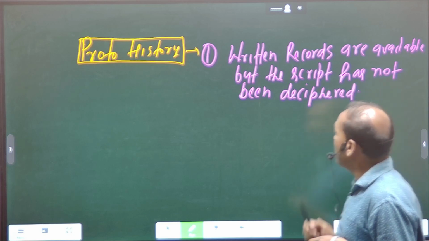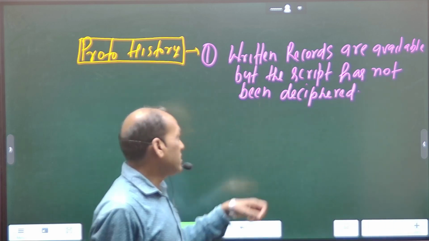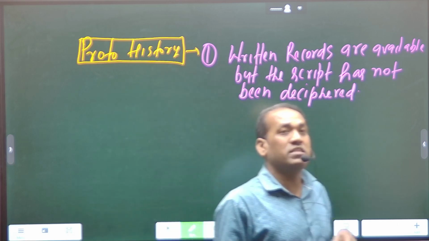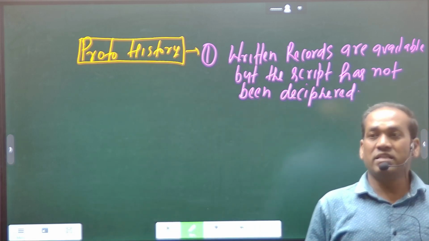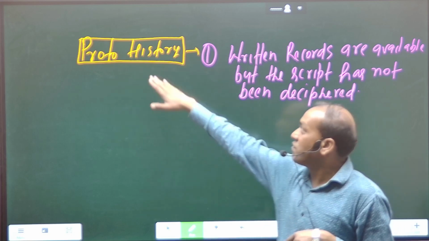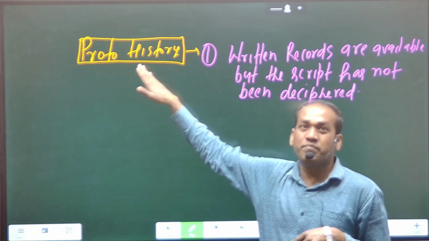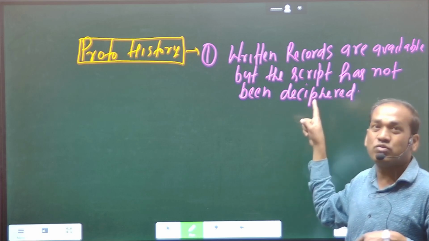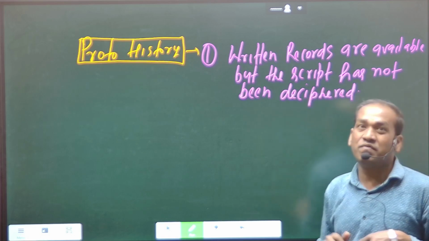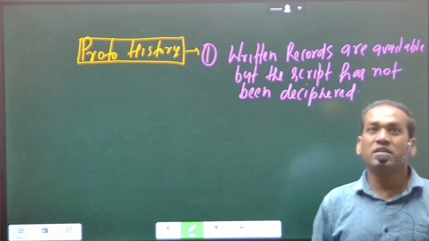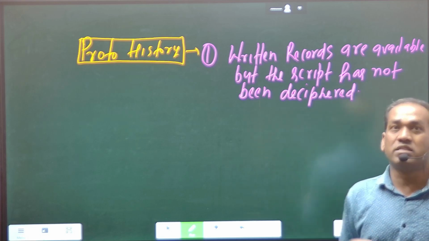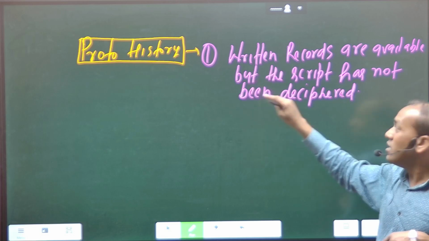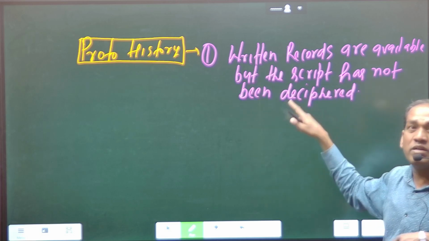Deciphered is a very important term, because whenever UPSC asks a question from this proto-history, UPSC uses this term deciphered. So what is the meaning of deciphered? Deciphered means we are not able to understand. Written records are available, but the script has not been deciphered.